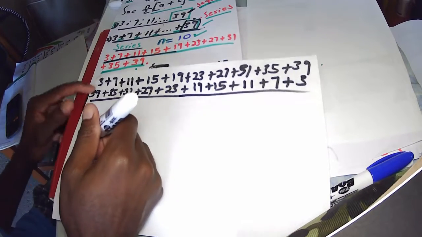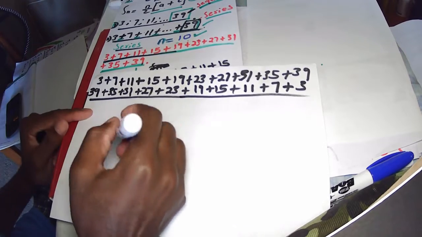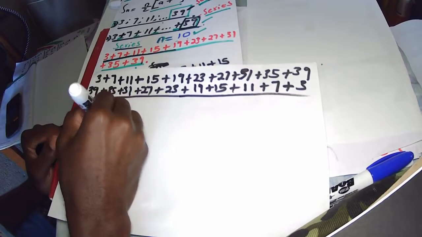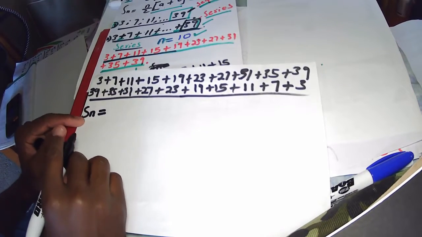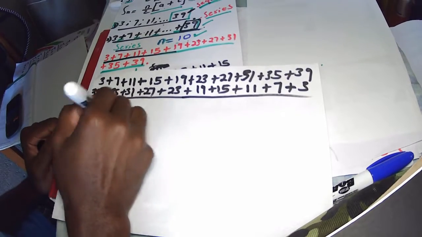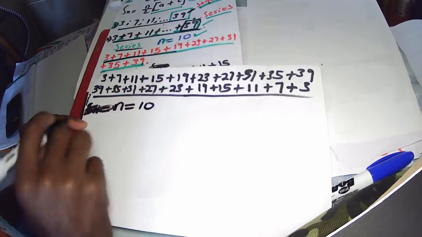We want to get the sum of the number of terms. How many terms? Let me just say n is equal to 10.